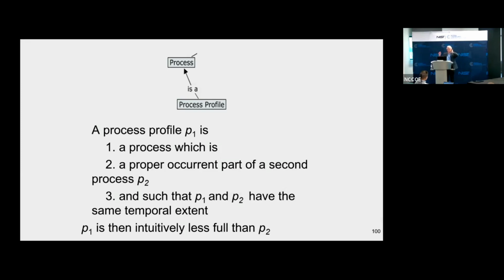So let's suppose we have the process profile of, I think that we do not claim that every process must have a proper continuant part. We say that every process has proper temporal parts because we want to distinguish between a process which is extended and a process boundary, which is the beginning or the ending of a process.